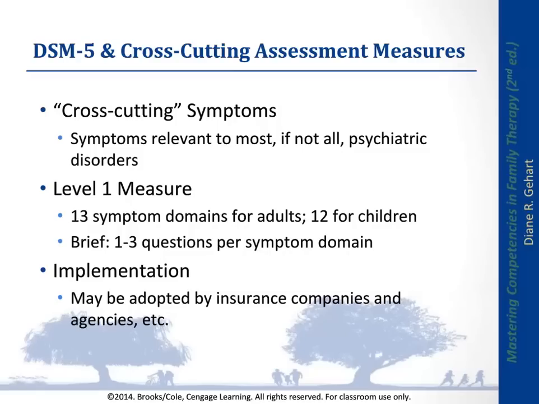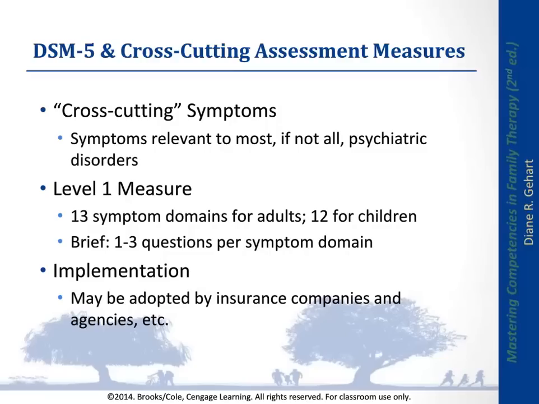The level 1 measure basically assesses adults on 13 domains and children on 12. It's relatively brief, with only 1 to 3 questions, I think it's 36 questions in all, for each domain. And these just give the clinician a broad view as to in what domains of functioning the client is having some problems.